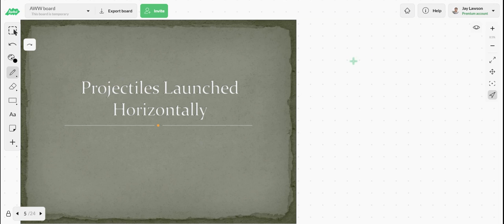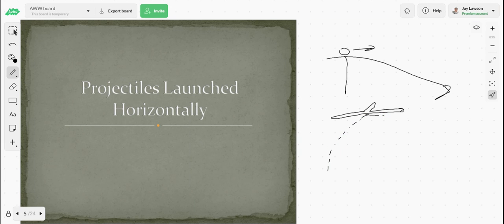Instead, it's going to have kind of a half parabolic shape, where something is sitting on a platform and is launched horizontally, and it goes that way, or an airplane is flying and it drops something out of the airplane, and it looks like that.